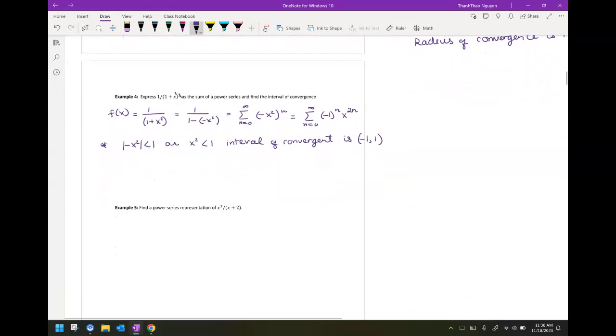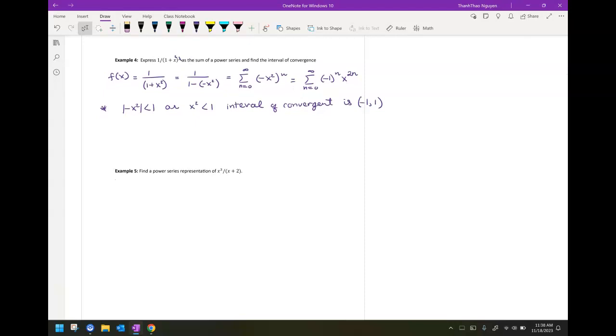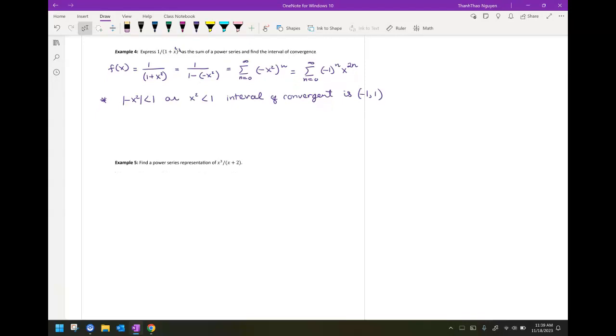Now, what happens when we want to find the power series representation of x to the third divided by x plus 2? So let's write this down. We'll start with f of x equals x to the third divided by x plus 2.